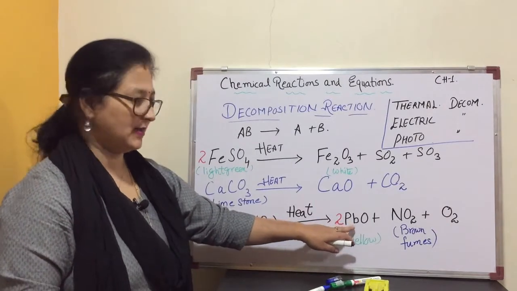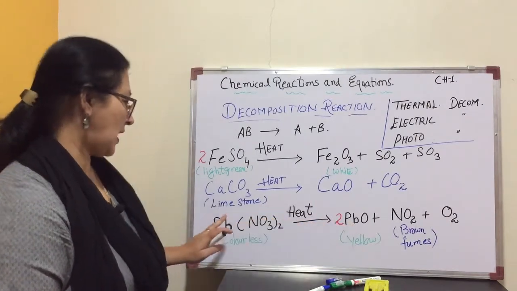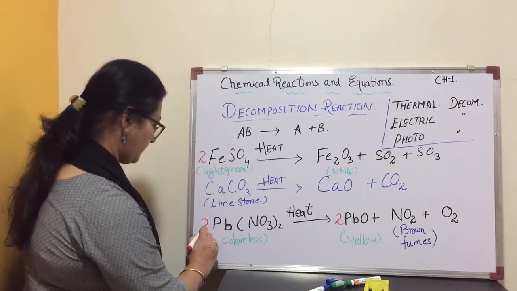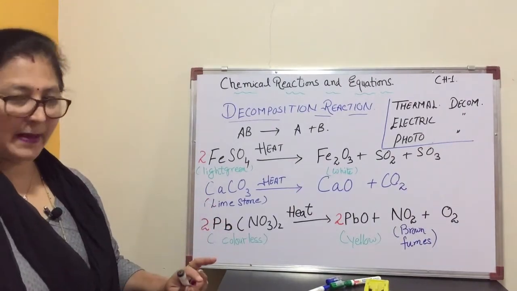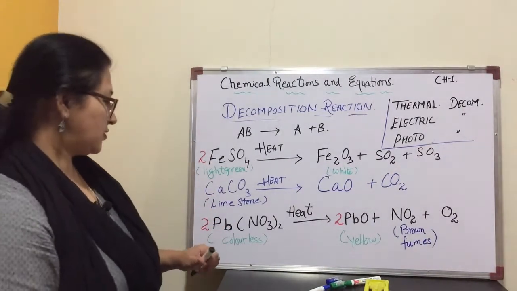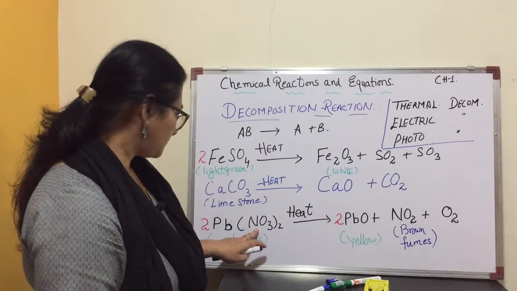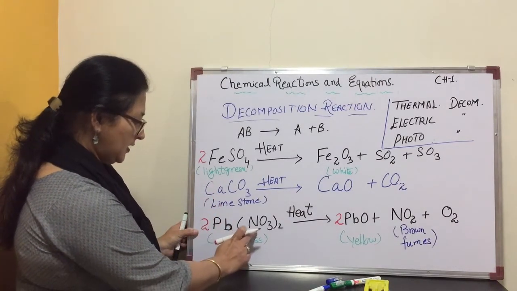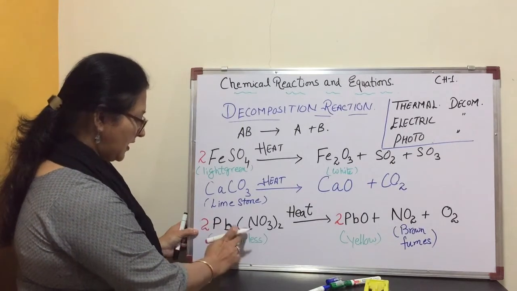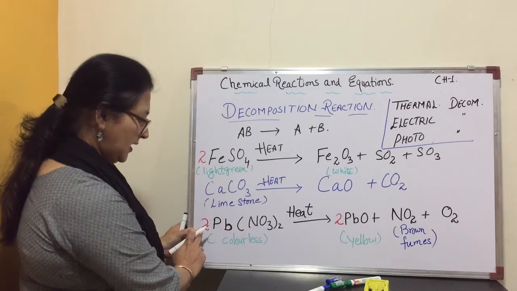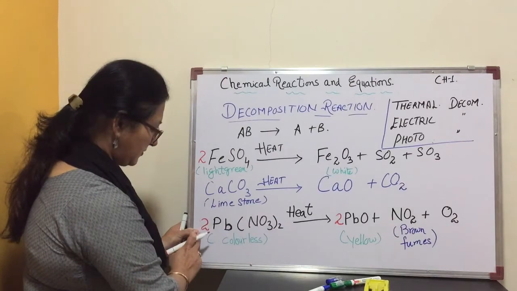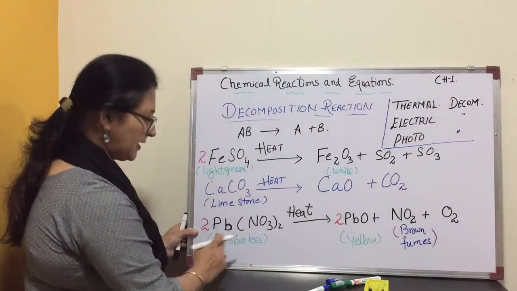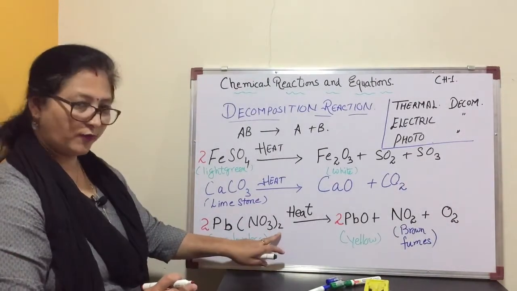But what about lead? Now the lead over here is 2, so I have to write 2. So lead and oxygen are balanced. What is left over? Nitrogen. Because the 2 is written in front of lead nitrate, I have to multiply it, so 2 into 2, the nitrogen atoms are 4 now.